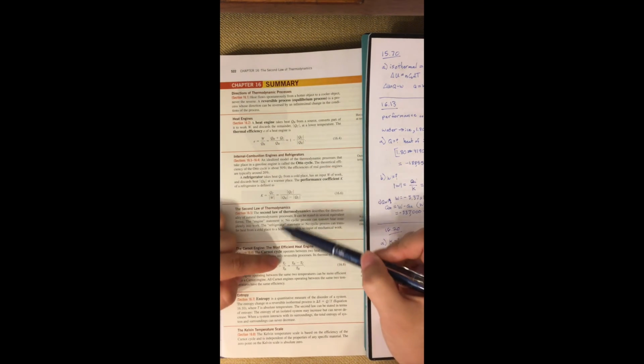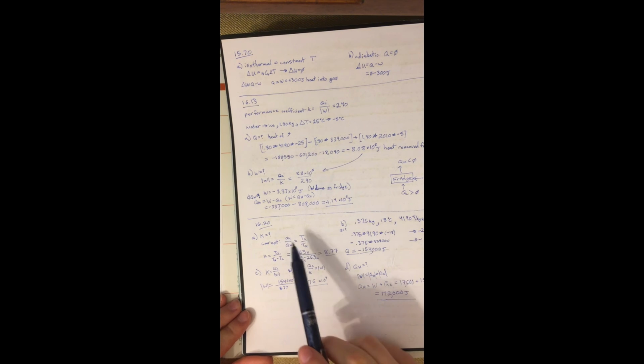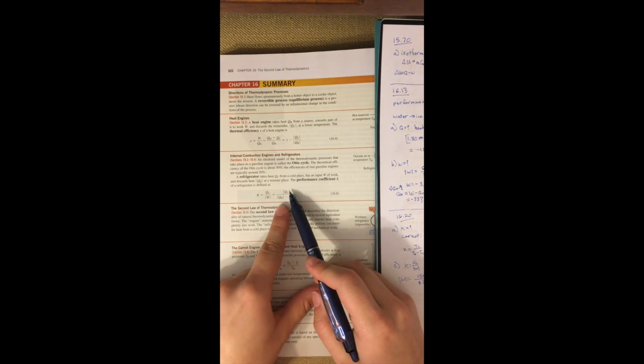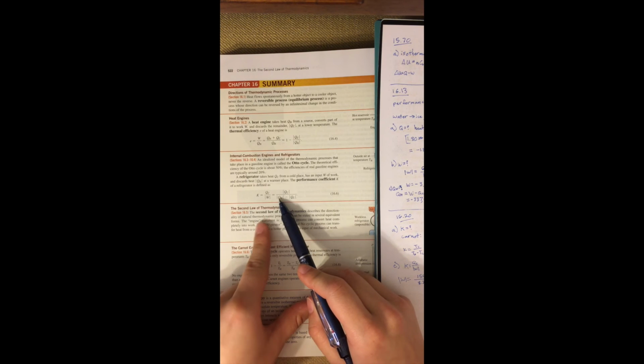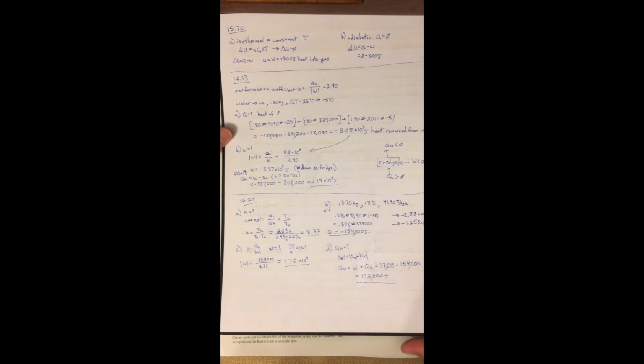So in the Carnot equation, Qc is comparable to Tc, and Qh is comparable to Th. And then you'll put that into this equation here and use Tc over Th minus Tc and find the efficiency that way.